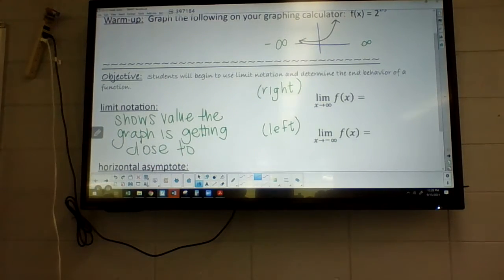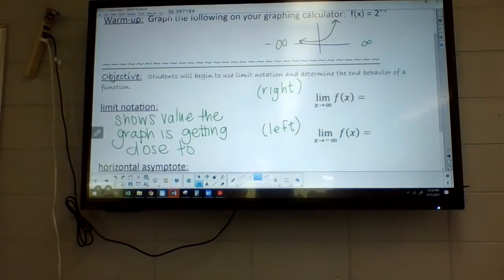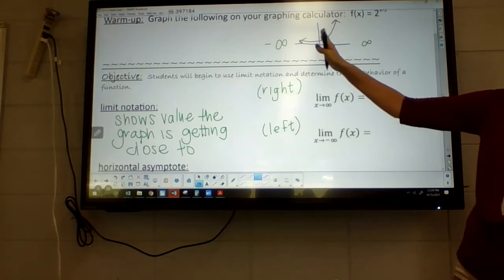Shows the value the graph is getting close to. And I'll show you guys what I mean using this example. So as I go, let's actually do the left. Maybe the right side's easier. So let's start with the right side.